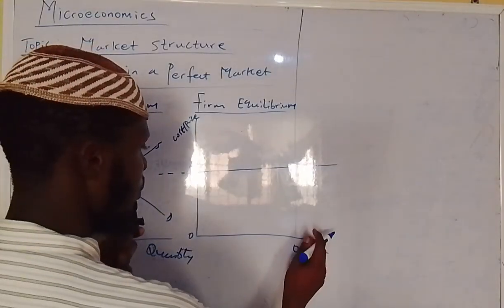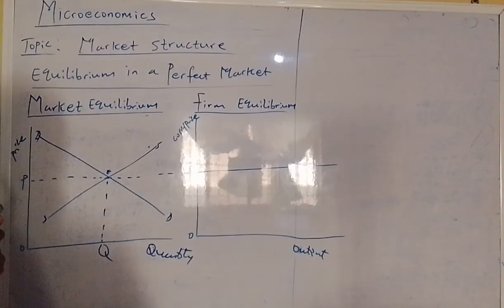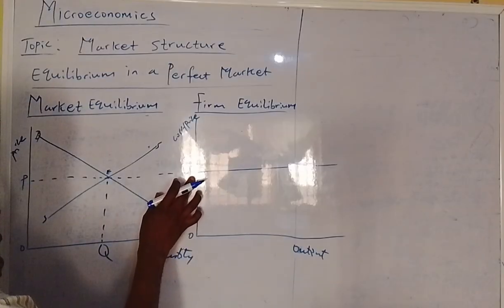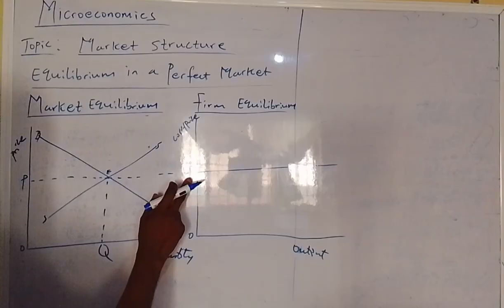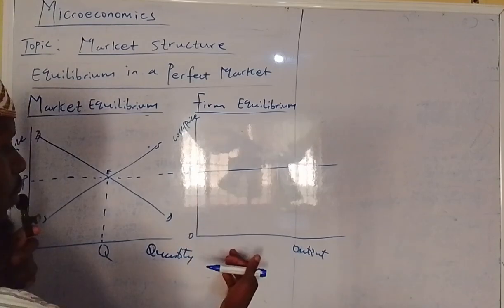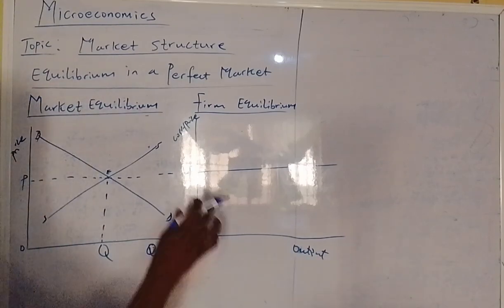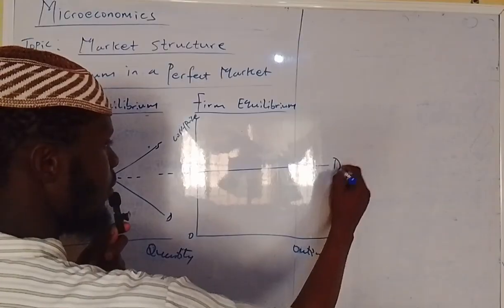So don't forget, this is the price. So you have to sell at the price that's determined in the market. That means the price is fixed. Then it can produce and sell whatever units you want to sell at this same price, which is P. So this will be its demand curve.